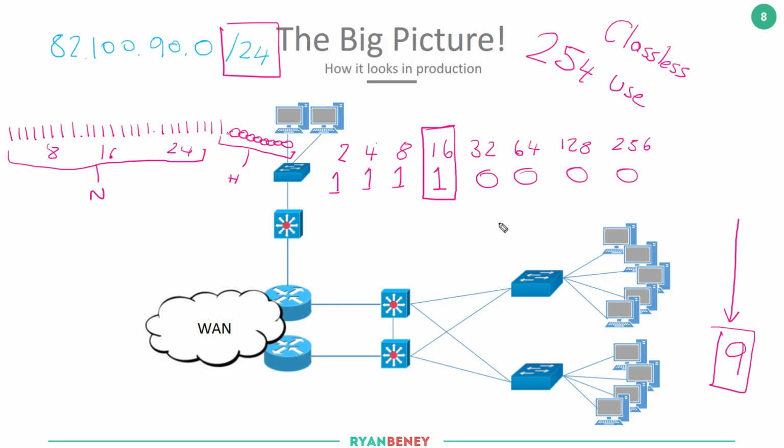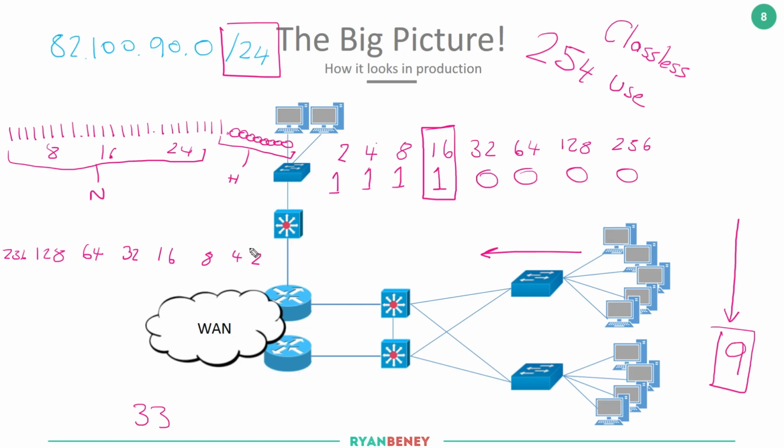If we had to calculate the other way around, let's say we had a requirement where, similar to what we had previously in the video, we had host requirements instead of subnet requirements, then we would do it the other way around. So for example, let's say we had a requirement of 33 hosts, then going this time from right to left, we're going to go 2, 4, 8, 16, 32, 64, 128, 256.